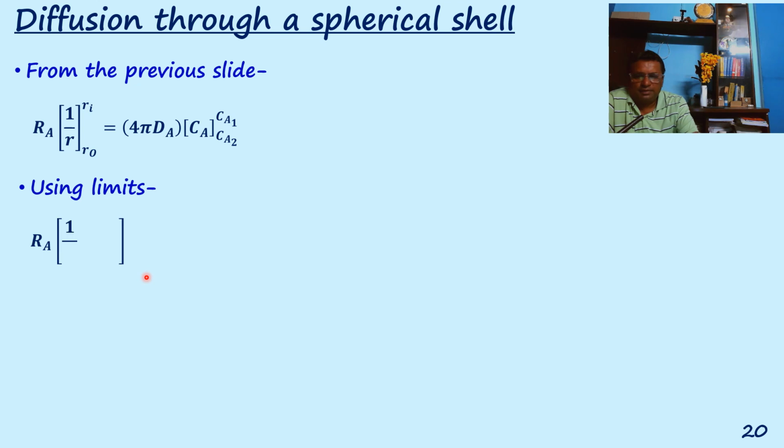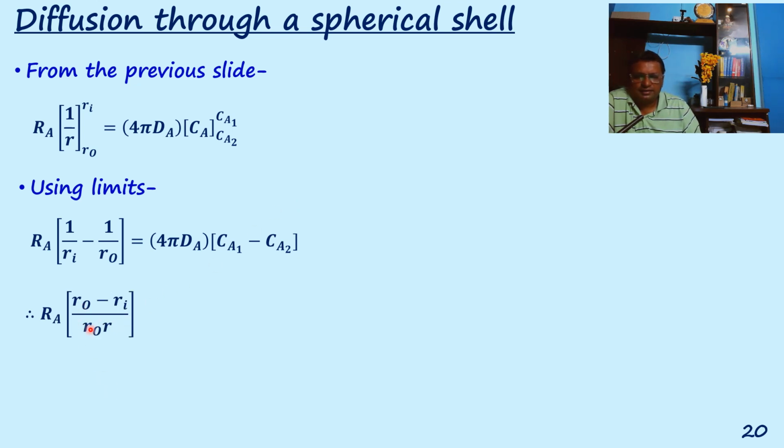So after applying limits, you have Ra into 1 upon Ri minus 1 upon R0, that is equal to 4 pi dA into Ca1 minus Ca2. So Ra, if you simplify, it will be Ra into R0 minus Ri divided by R0 into Ri, that is equal to 4 pi dA into Ca1 minus Ca2.